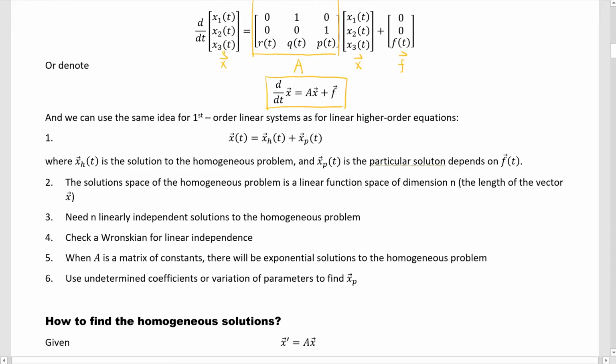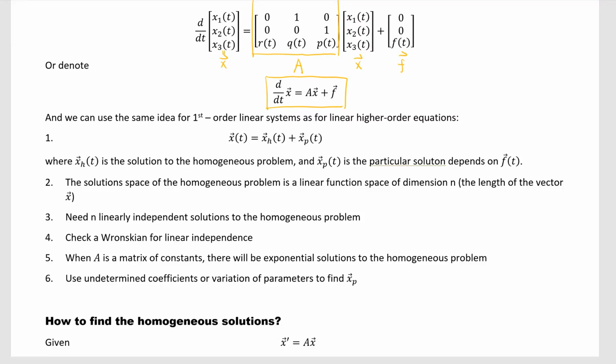As before, the solution space of the homogeneous problem is a linear function space of dimension n, which is the length of the vector x. So we need n linearly independent solutions to generate the solution space for the homogeneous differential equation.